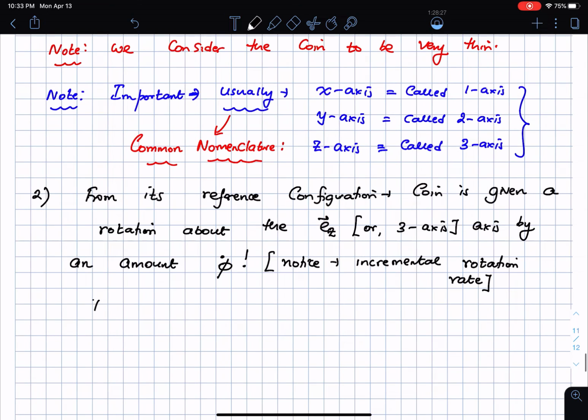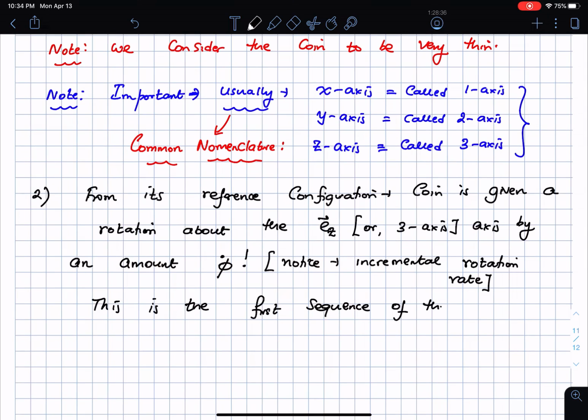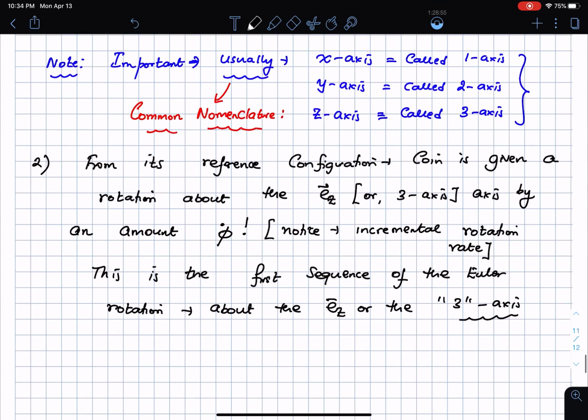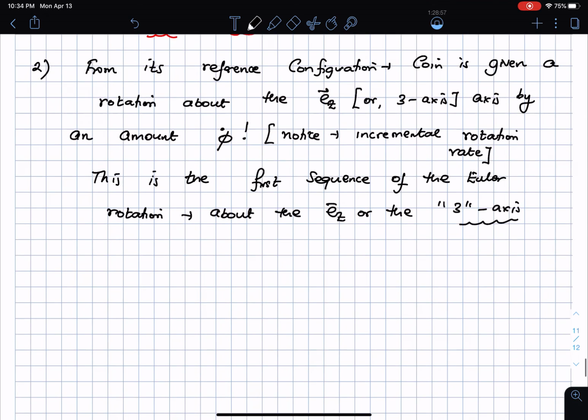Okay, this is the first sequence of the Euler rotation, and it's about the EZ or the 3 axis. Okay, and if that is the case, then here is what happens.